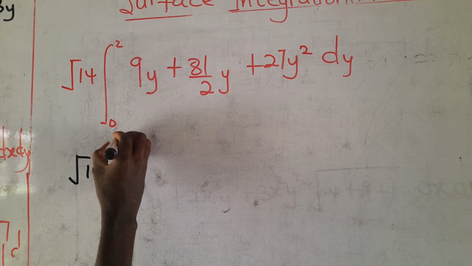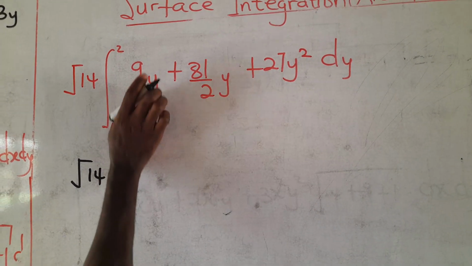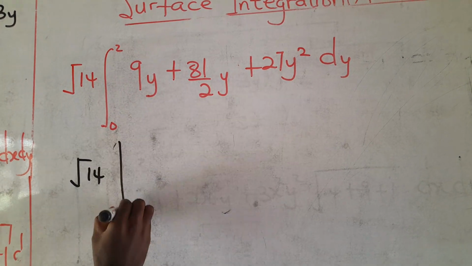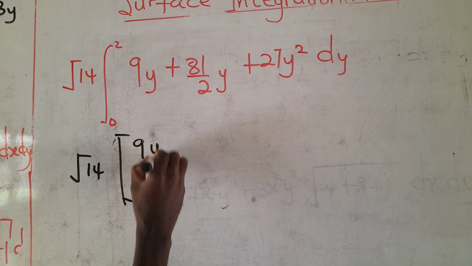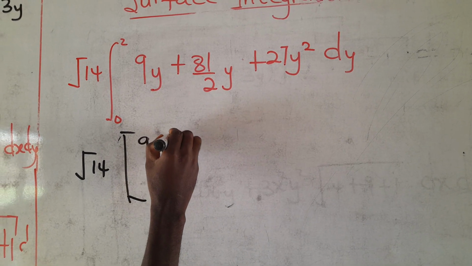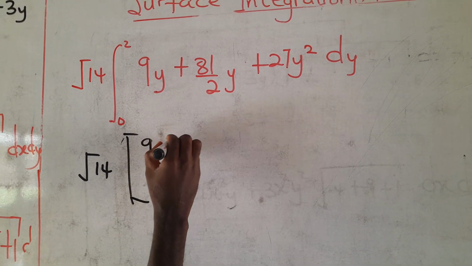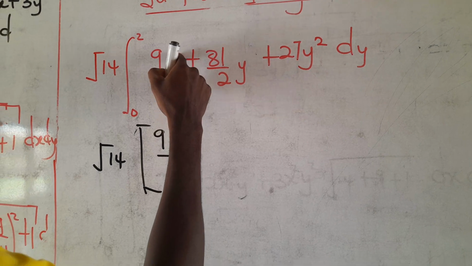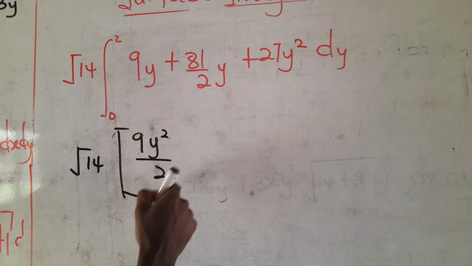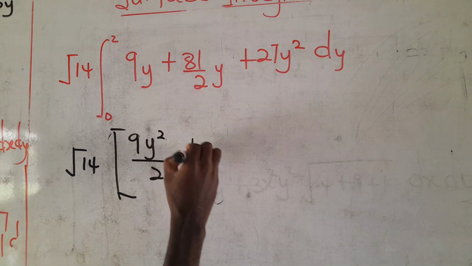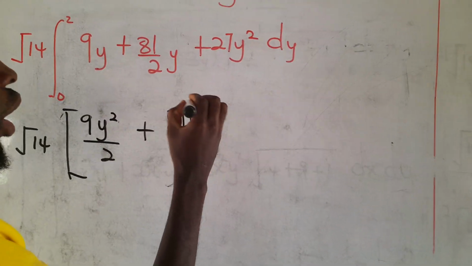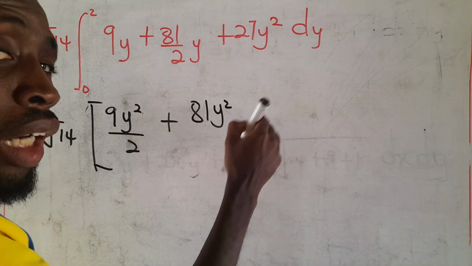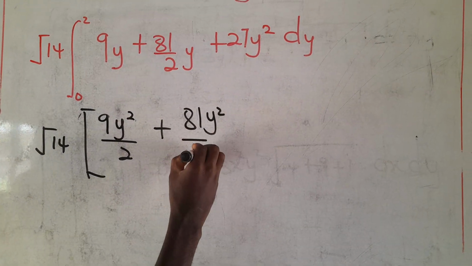So I have the square root of 14, integral spanning from 0. Okay, since we are going to integrate, this will not come again. So remember integration rule. It should be 9y squared over 2. We add 1 to the 1 that is here already. We add 1, divide it by the result. Then plus 81y squared over 2 divided by 2 is 4.